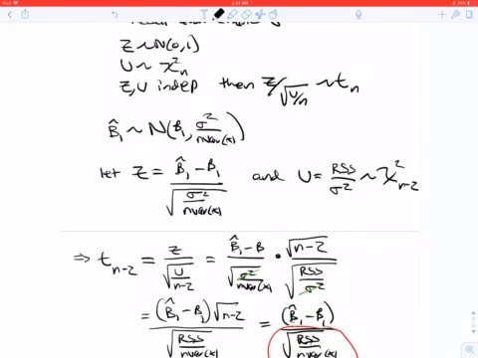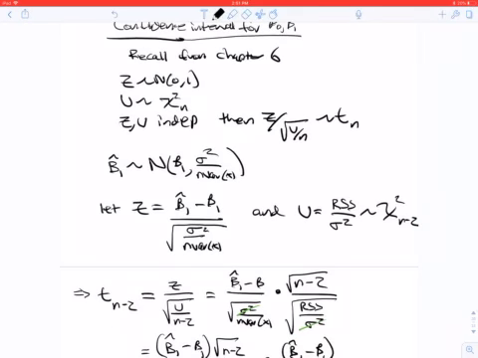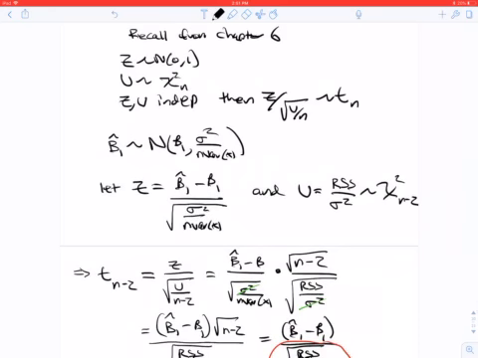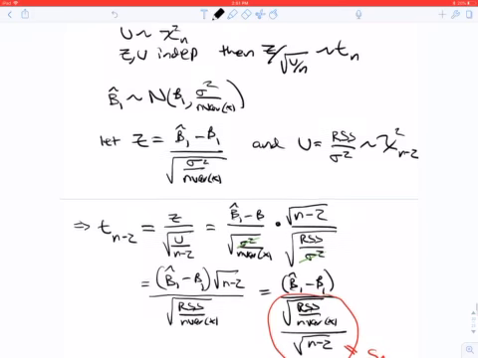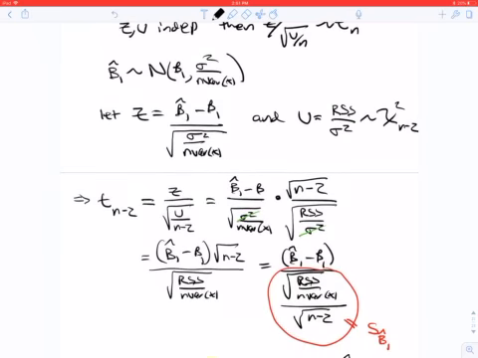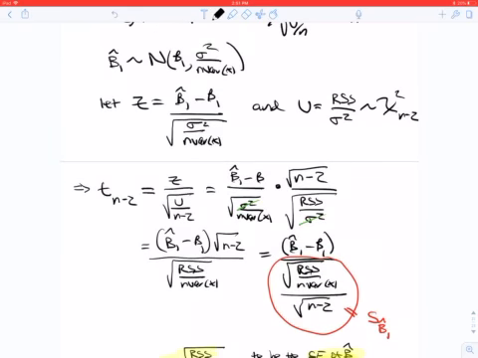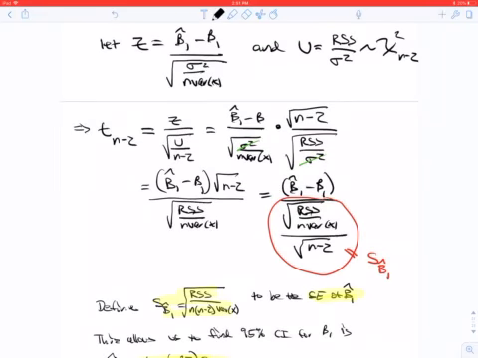And so now my Z is going to be, if I want the standard error for beta 1 hat, beta 1 hat minus beta 1 over its standard error. And U is going to be this chi-squared. And so then T n minus 2 is what's given here.